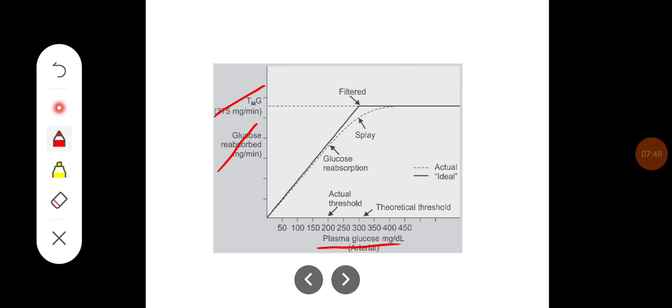And the dotted line shows the actual relation between plasma glucose and the glucose reabsorbed, that it appears quite early compared to the theoretical curve. That is, the actual renal threshold occurs before the theoretical renal threshold, and this is called as splay.